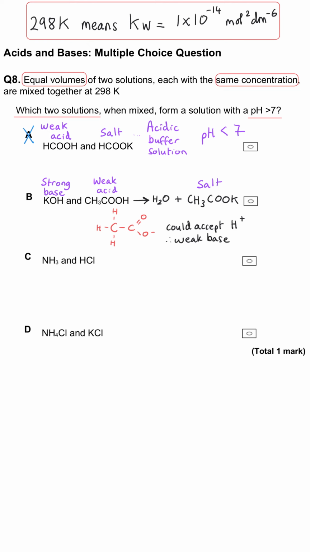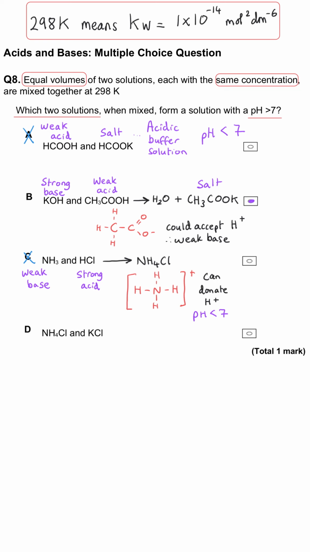And so this is the correct answer. Its pH will be slightly greater than 7. In C, we've got a weak base, ammonia, reacting with a strong acid, hydrochloric acid. And so when they react together, they will produce ammonium chloride salt. Now, ammonium chloride is actually weakly acidic, and so the pH will be less than 7.